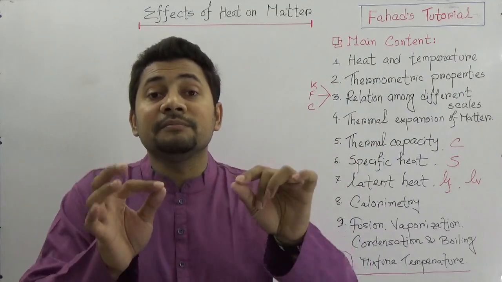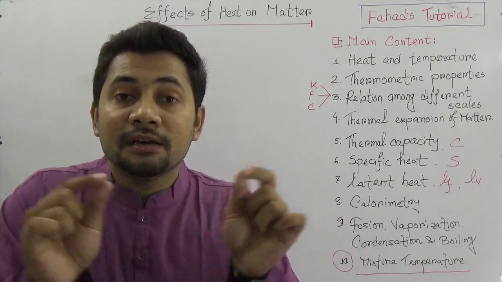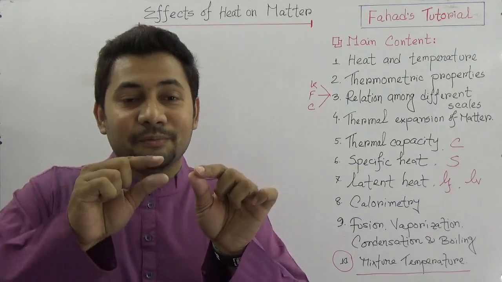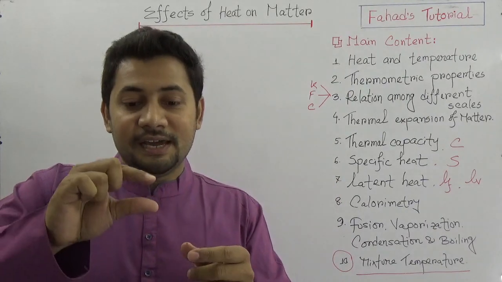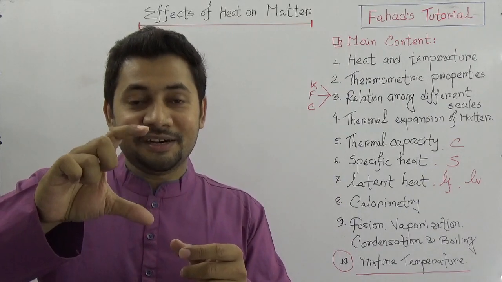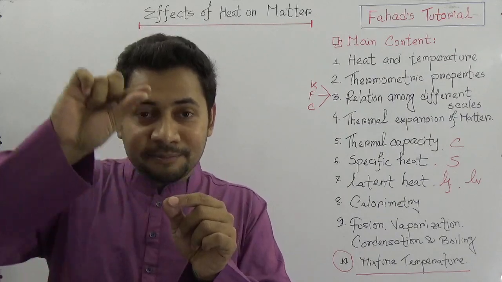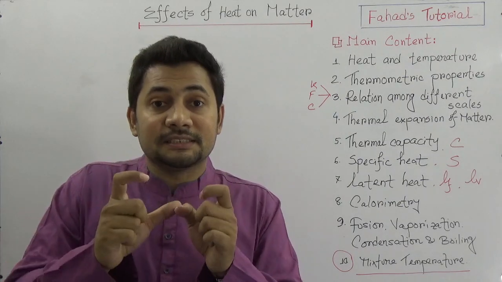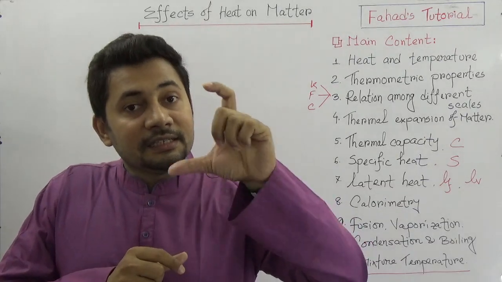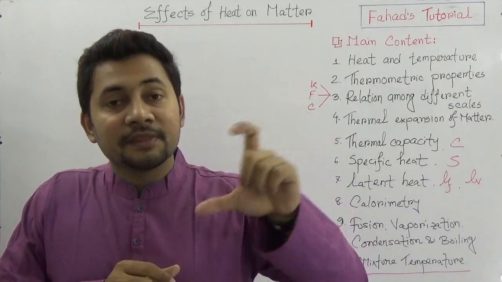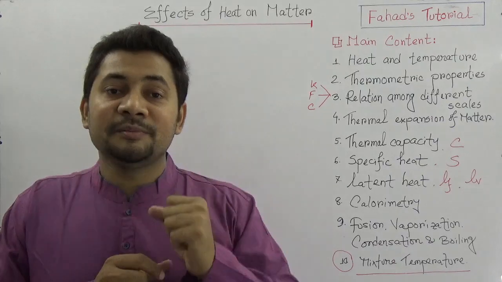So how do we measure the temperature through the thermometer? When the height of the mercury expands in the capillary tube of the thermometer, it gives us the idea of what the degree Fahrenheit or degree Celsius is. So that is a thermometric property.